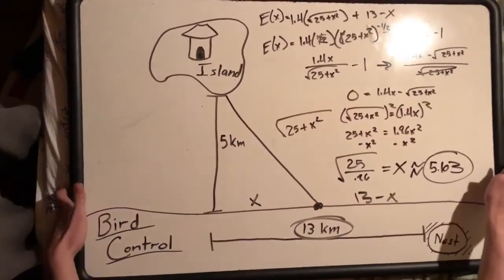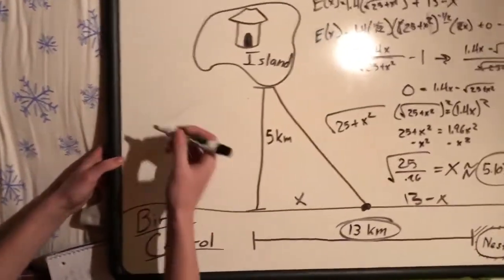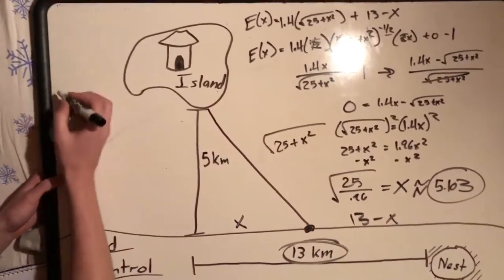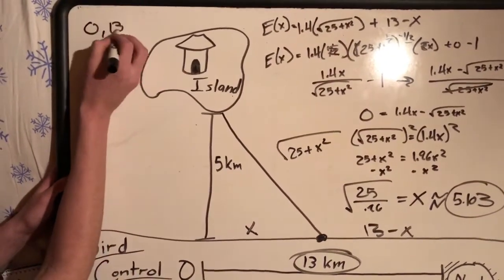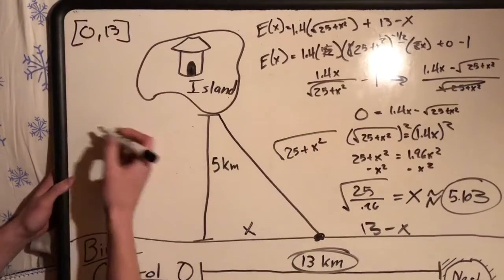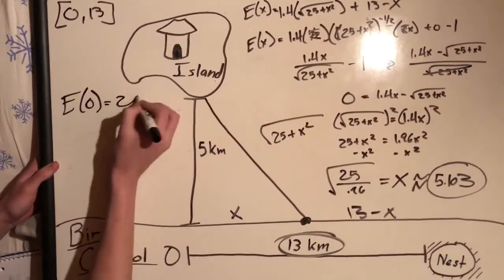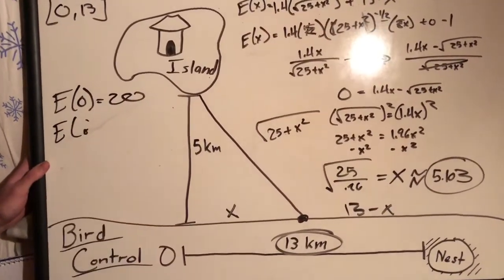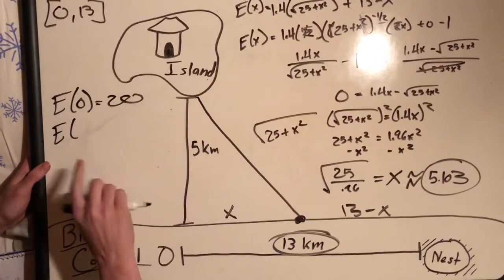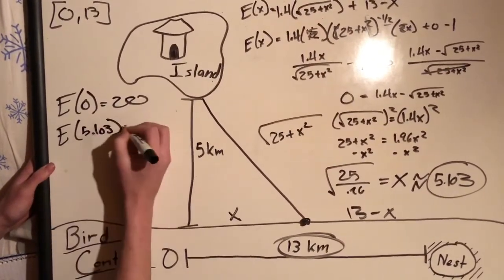Now, if I move over to the other side of the board, yes, we can use the other endpoints because it goes from 0 kilometers to 13. So that's our domain, as we say. And we can plug those into that original equation to get, whoops, not 0 again, 5.103, our critical value.